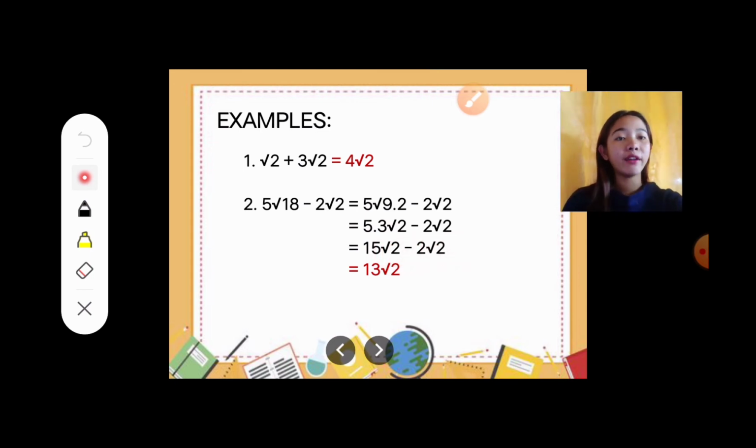So they have a similar radicand, so it means we need to combine like terms. So 15 minus 2 is 13, and just copy the radicand. So we have 13 square root of 2.